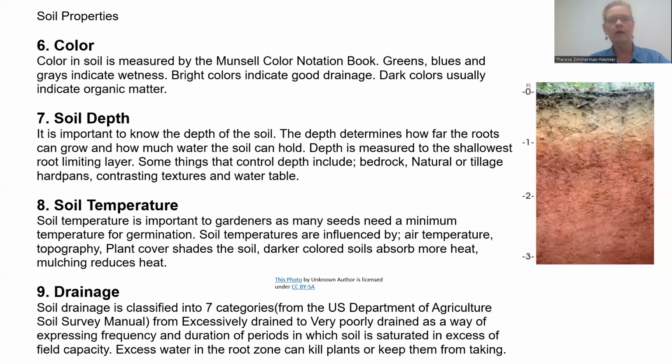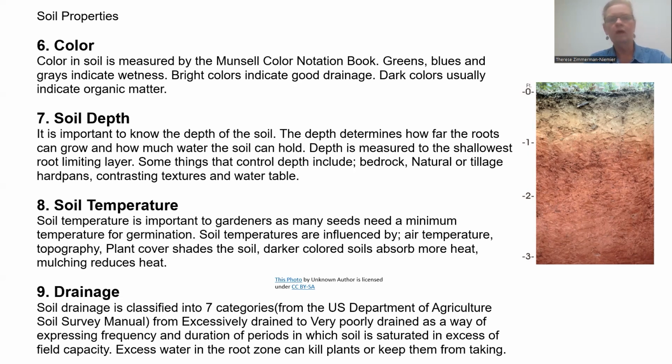Color tells us a lot about water holding. Dark soil is usually our better soil, our organic matter. It's usually at the very top of our soil profile. Reds indicate more clay.